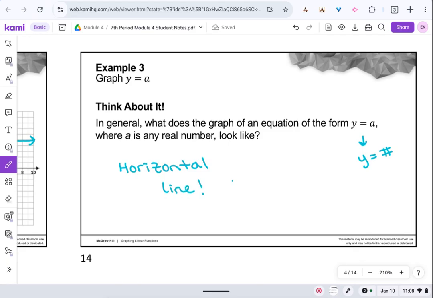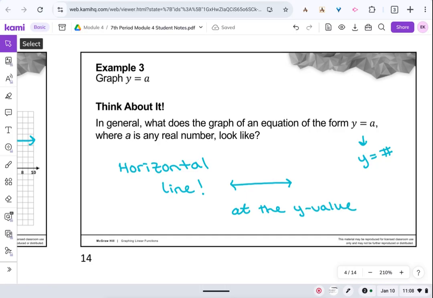Horizontal lines are always going to be lines that are like this. So flat, left to right. And they're going to be at the y value. So whatever our y value is equal to, it's going to be a horizontal line at that value. So like the last one, it was at y equals 5. So I put a point at where y is 5 and then draw a horizontal line through it.